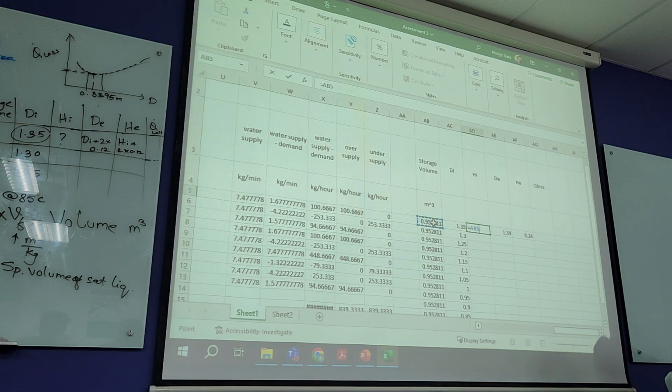I thought it's because the limit is 1.6. Yeah, right. So the highest should be 1.36. Yeah, this one, the largest should be 1.36. 0.24. I thought you put 3.5.